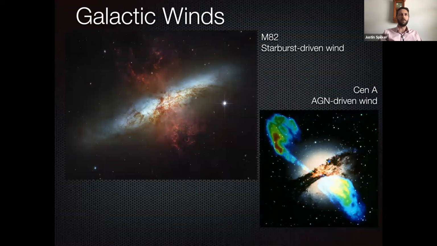You see a similar thing in this AGN-dominated galaxy. This is Cen A. But in this case, you're seeing the jets of the AGN come out as radio lobes. And with VLBI, you can track that down to the black hole at the center of that galaxy. Obviously, with any image that looks as complicated as the wind does here, you can imagine that these winds are very complex physical systems, and that's true.